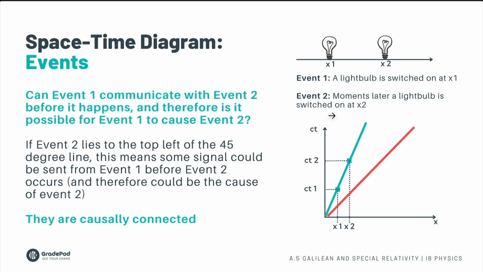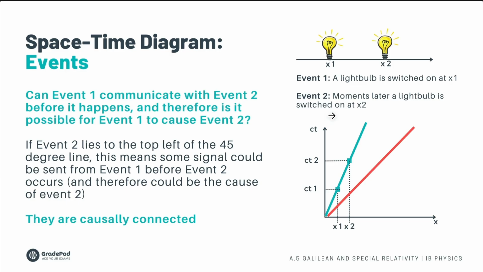My question to you is, can event 1 communicate with event 2 before it happens, and therefore is it possible for event 1 to cause event 2? That seems like an odd question, I suppose, but what I'm saying is, could light bulb 1 send a signal to light bulb 2 to turn it on?